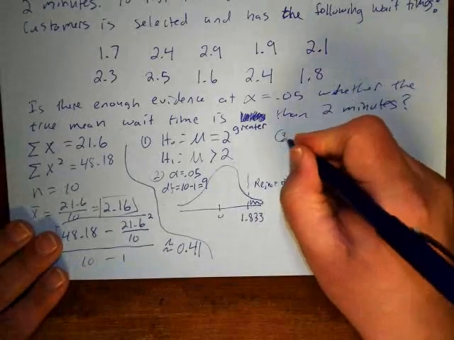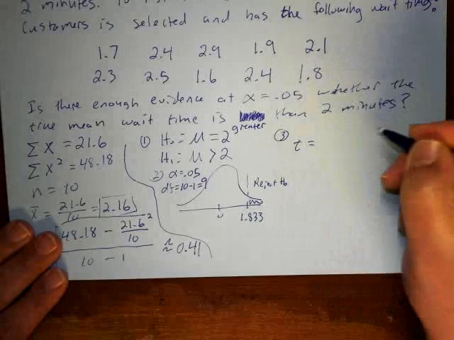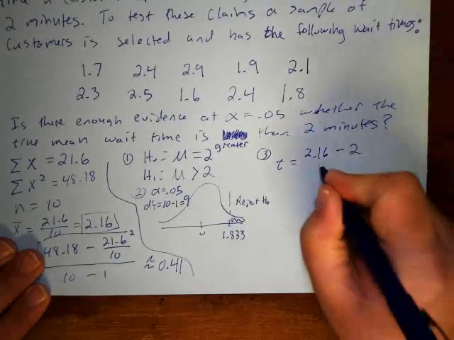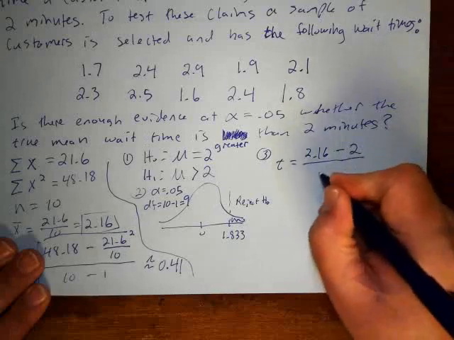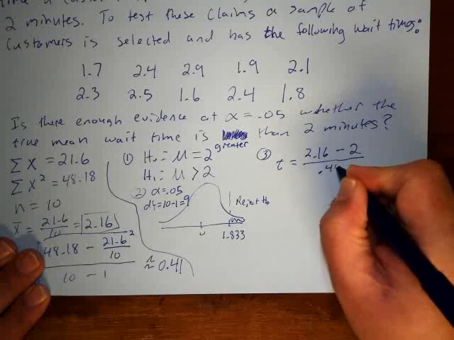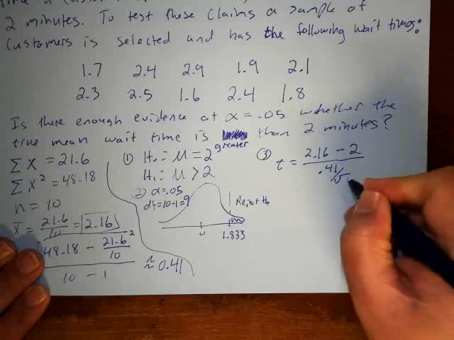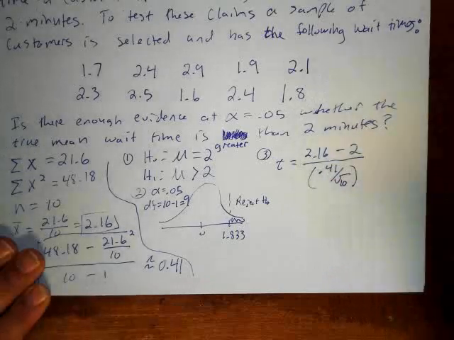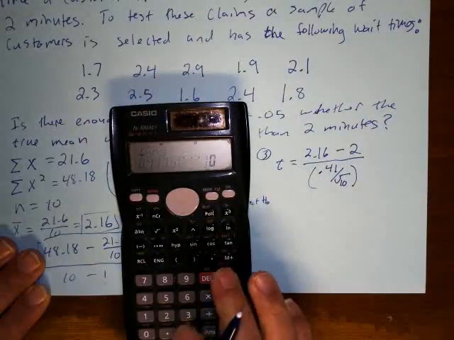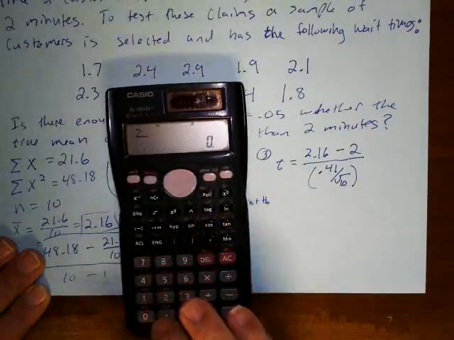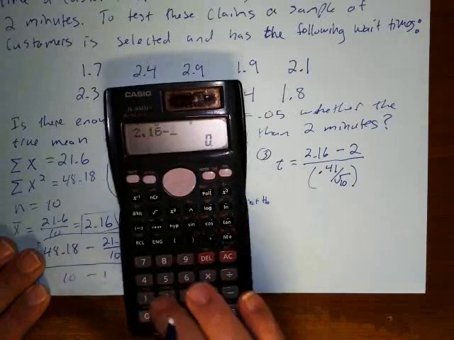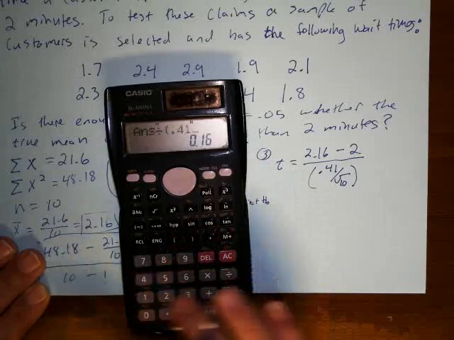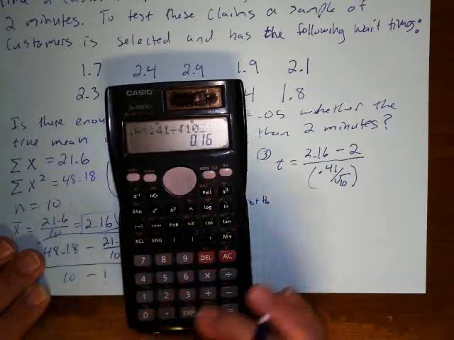Okay, so my t statistic is going to be 2.16 minus the hypothesized mean, which is 2, divided by 0.41 over the square root of 10. So 2.16 minus 2, divide that by 0.41 over square root of 10.